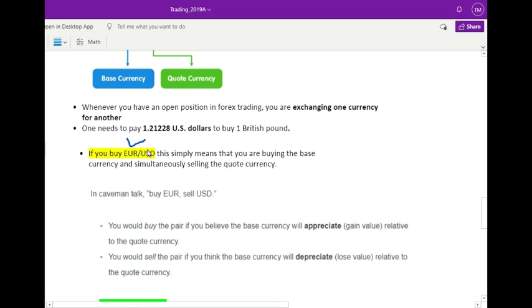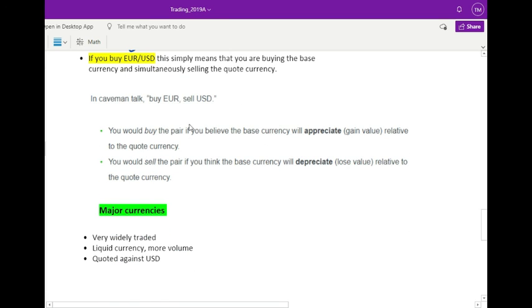If someone says I'm buying, he's buying Euro, the base, because the first currency is always the base. If someone says I'm selling this, he's selling the base currency. So in layman's terms, buy Euro, sell USD.